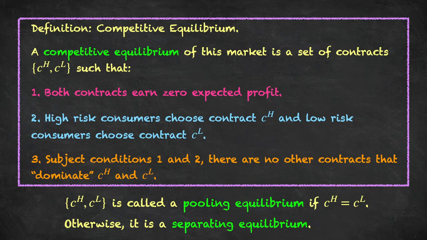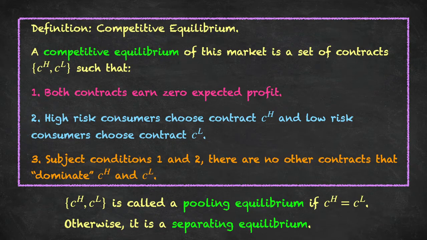An implication of this condition is that subject to conditions 1 and 2, so of all the zero expected profit contracts that each type is offered, they must be offered the contracts that they prefer the most. Otherwise, there would be another contract that dominates the contract they're being offered.